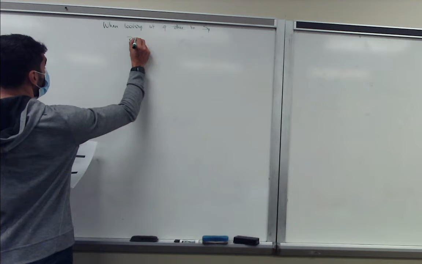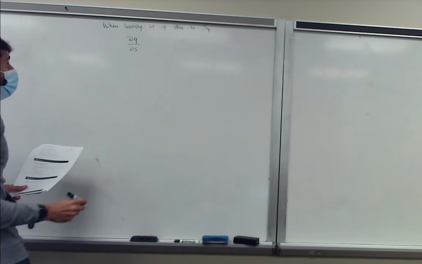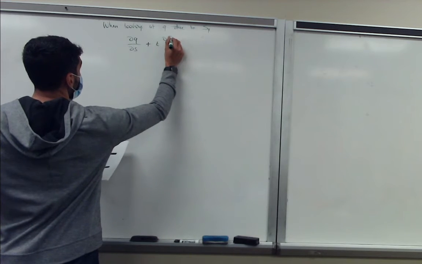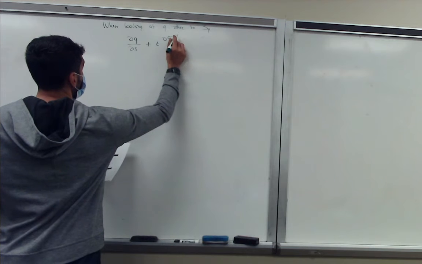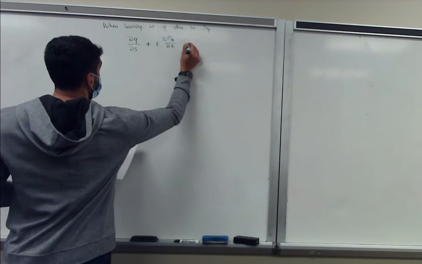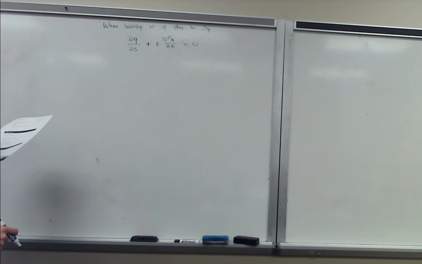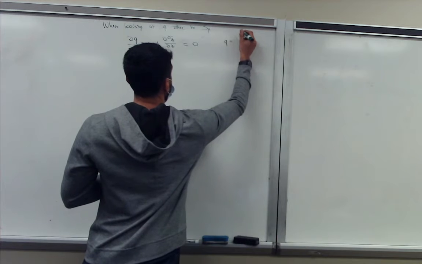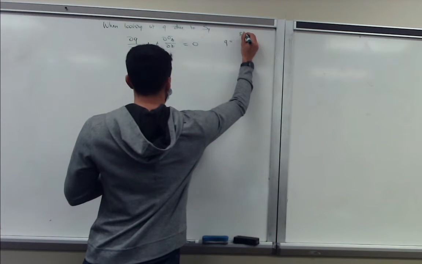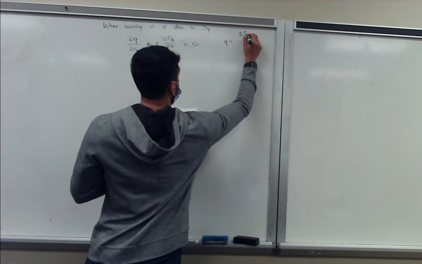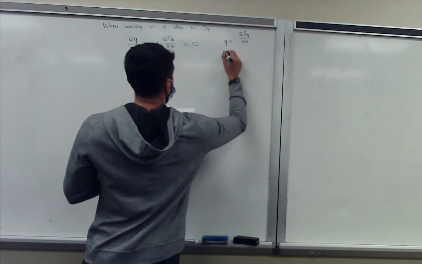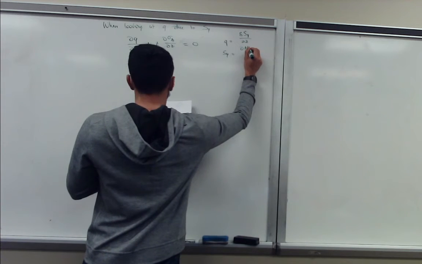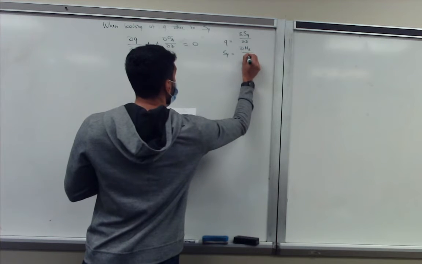The variation of shear flow with respect to S plus the variation of the direct stresses with respect to Z is equal to 0. And we also derived that q is the variation of the shear force with respect to Z. And we also got that the shear force is equal to the variation of moments with respect to Z.